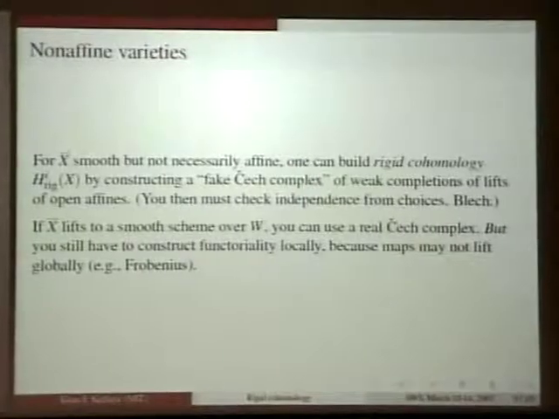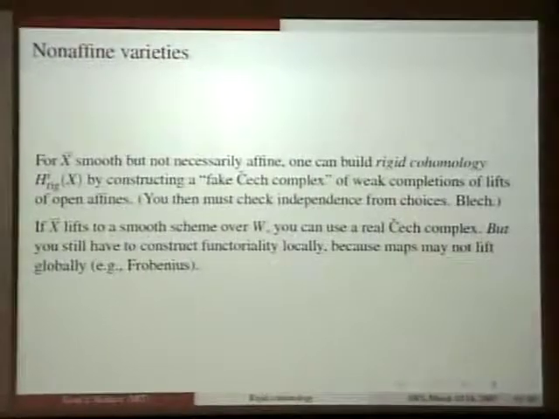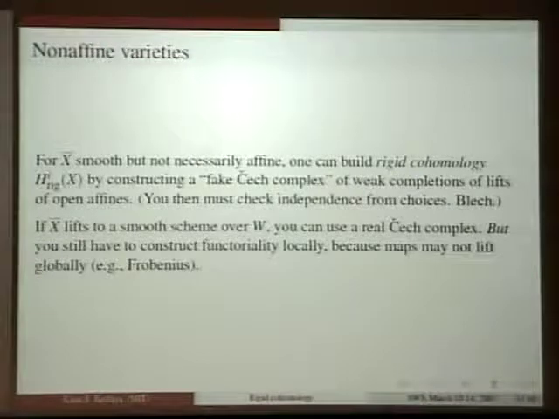And OK, so non-affine varieties, I'm going to say about 10 seconds worth about this slide. For things which are smooth but not necessarily affine, you can sort of Cech-ify the situation, but it's kind of a mess. And I've never seen a completely satisfactory explanation of this that I could present in a small number of minutes.